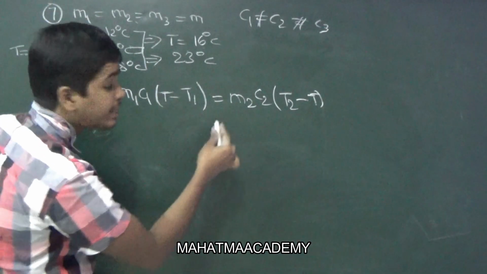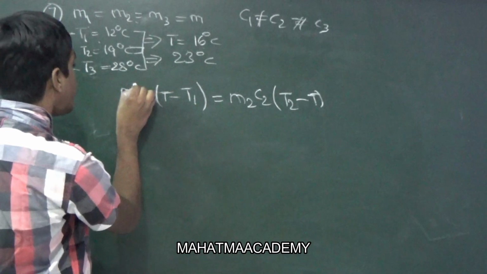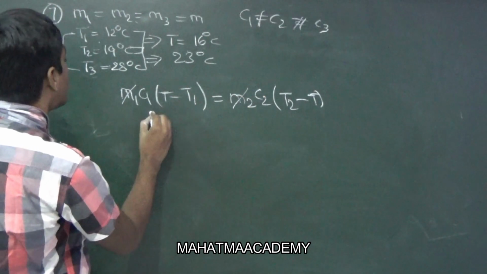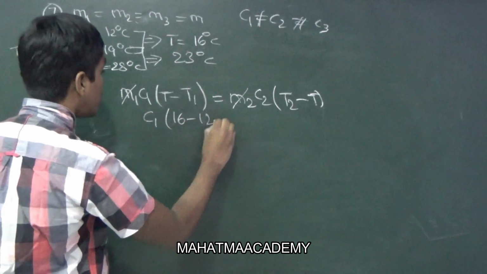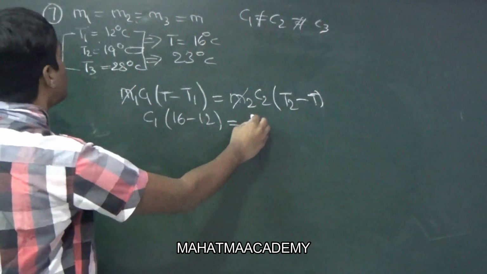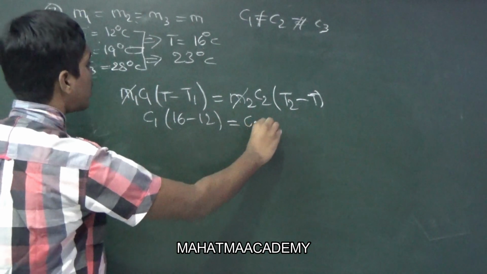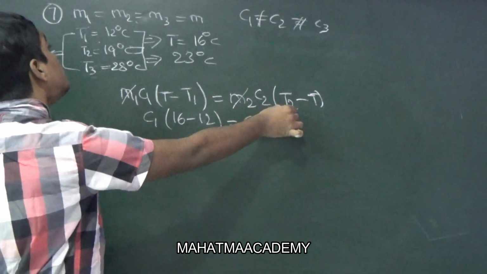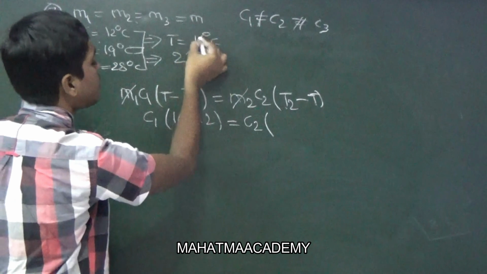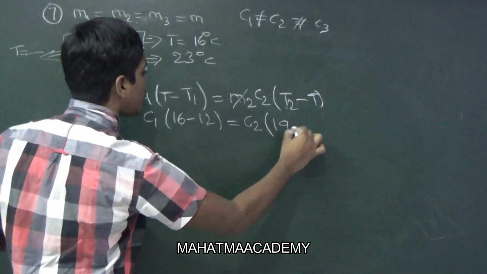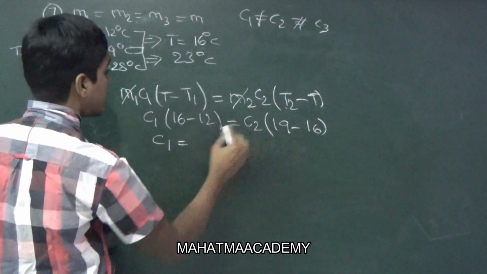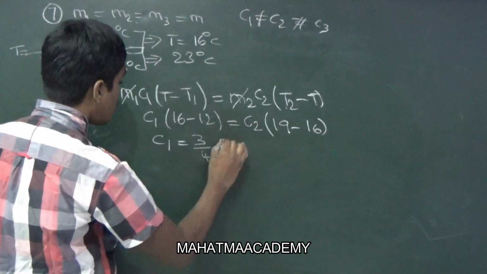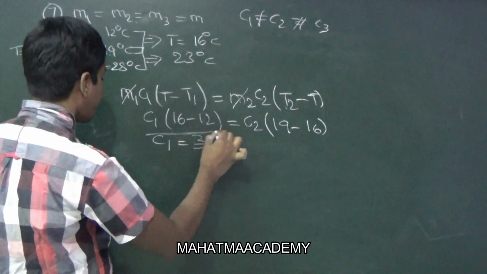We will make it in terms of C2. Now here M1 and M2 are equal. So C1 into (16 minus 12) is equal to C2 into (19 minus 16). So C1 is equal to 3 by 4 of C2.